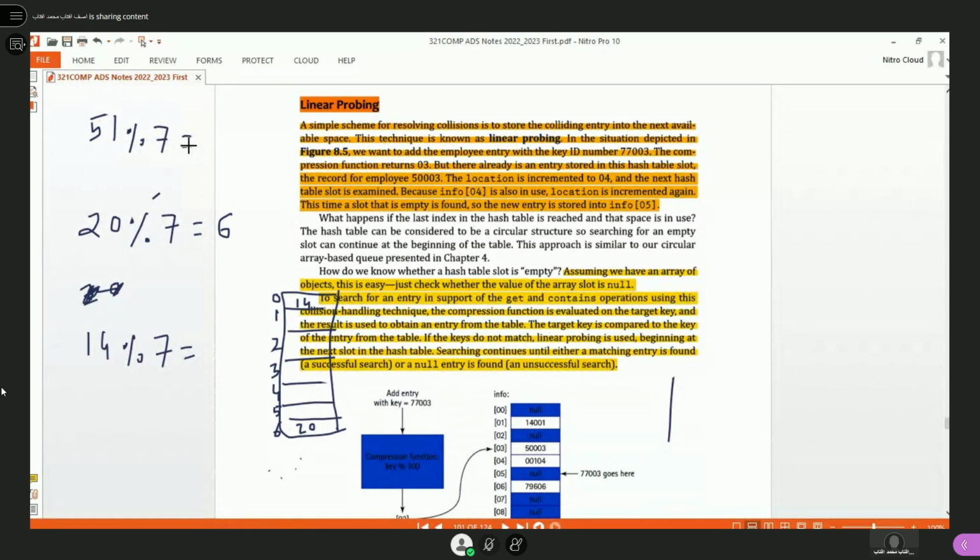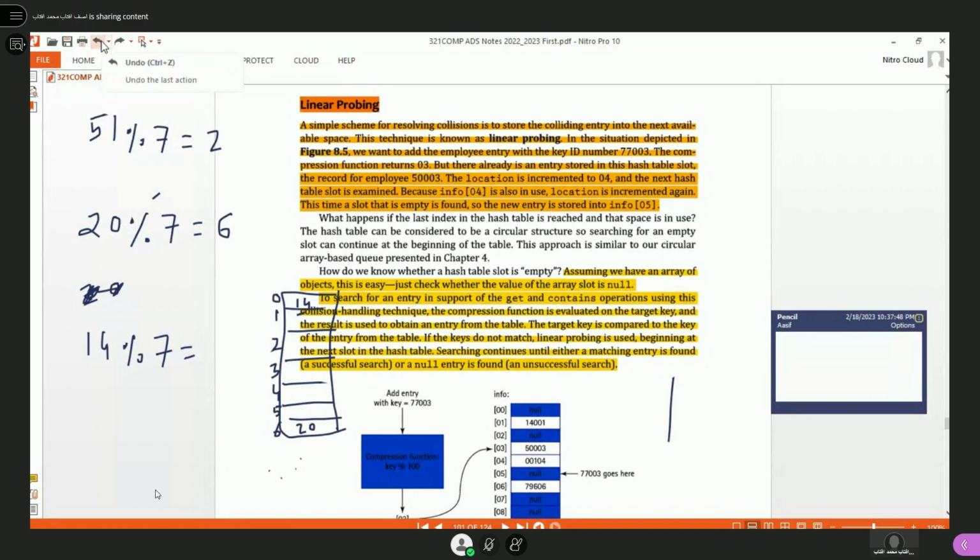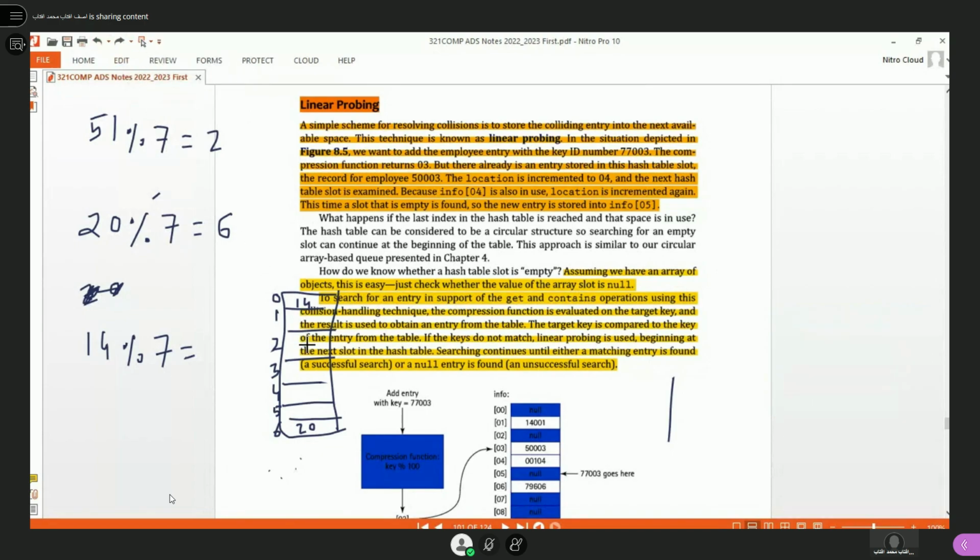How much is it? You calculate, no problem. So 51 goes here.